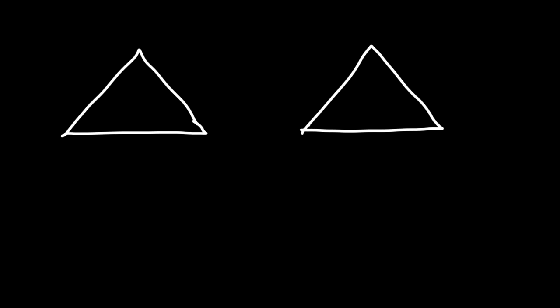Now let's try another example. So let's call this triangle MNO, and this one we're going to call GHI.